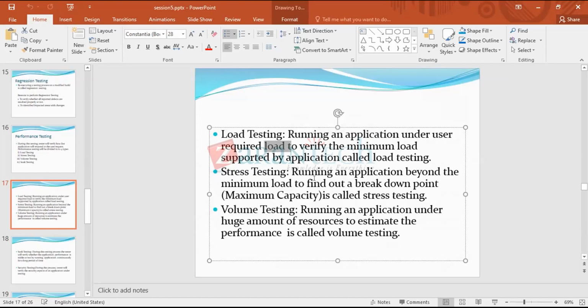So, stress testing next. What is stress testing? Running an application beyond the minimum load to find out a breakdown point. From load testing, I realized, yes, Dugo's system supports 5 users. Stress testing, in the sense, I would like to add a 6th system to the Dugo application.